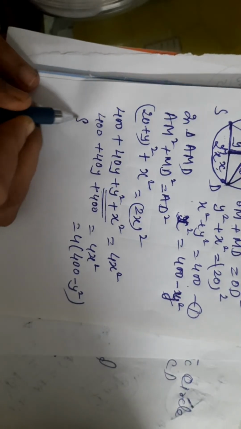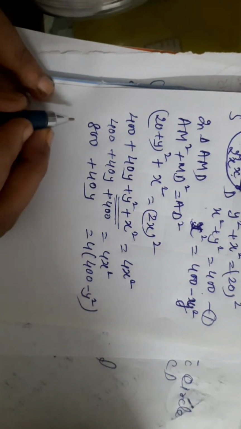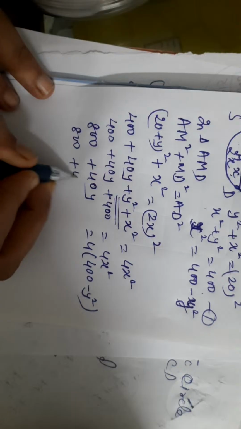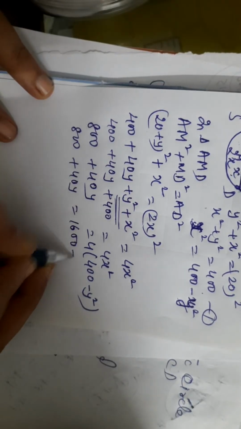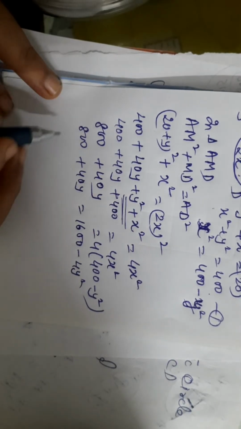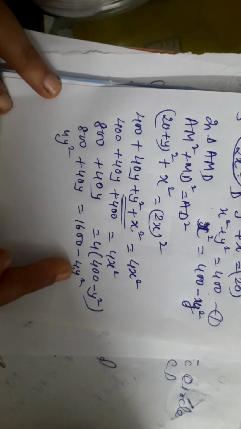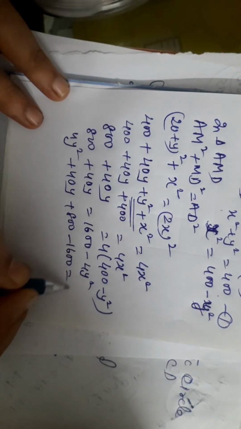400 plus 400 is 800 plus 40y. 800 plus 40y is equal to 1600 minus 4y square. Now shifting all together, 4y square, this minus will become plus, then plus 40y plus 800 minus 1600 is equal to 0.